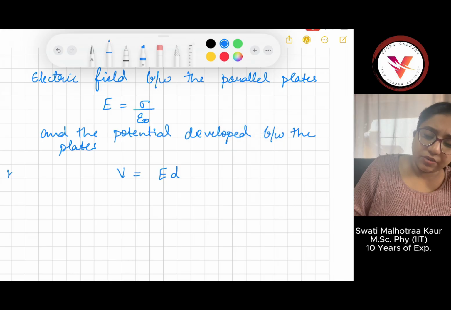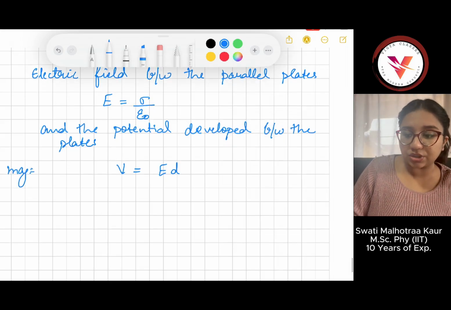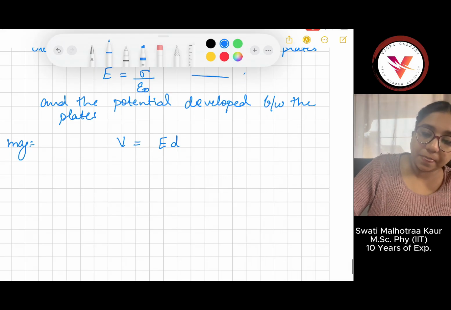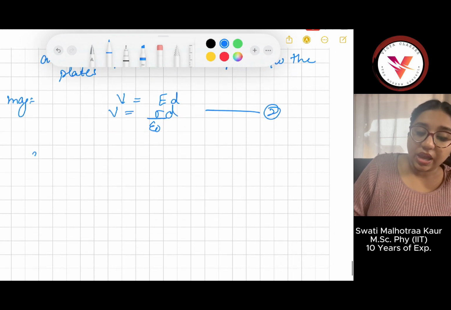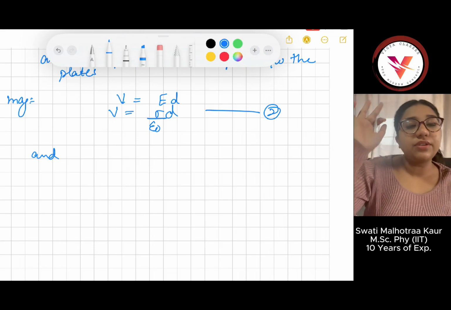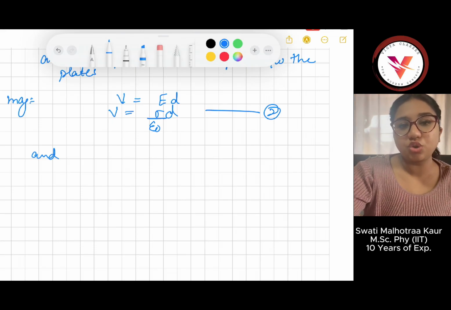Okay, we are only taking magnitude because the negative sign is just the direction. So then you can write V is equal to sigma by epsilon naught into d, put it as equation 2. Okay, and next, to calculate the capacitance, C is equal to Q by V.